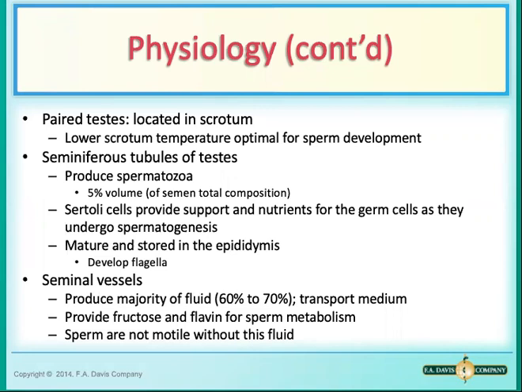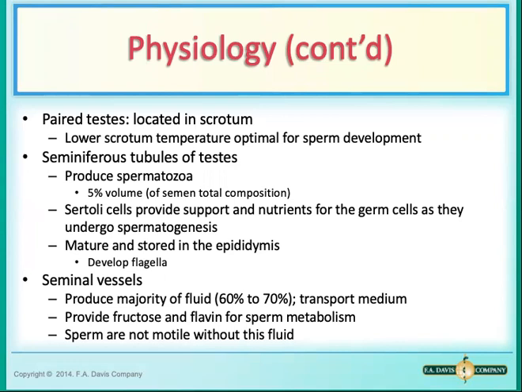The ejaculatory ducts receive both the sperm from the ductus deferens and fluid from the seminal vesicles. The seminal vesicles produce most of the fluid present in the semen, so about 60 to 70%. And this fluid is a transport medium for the sperm.